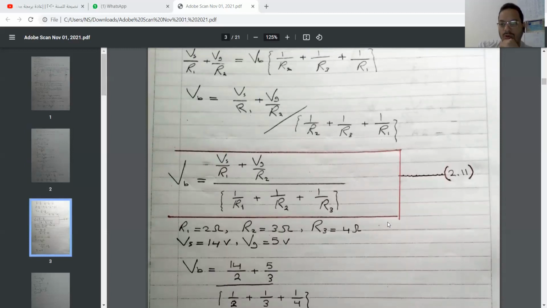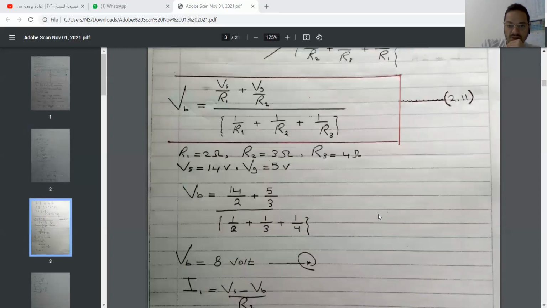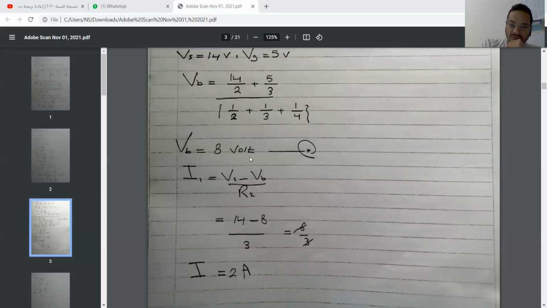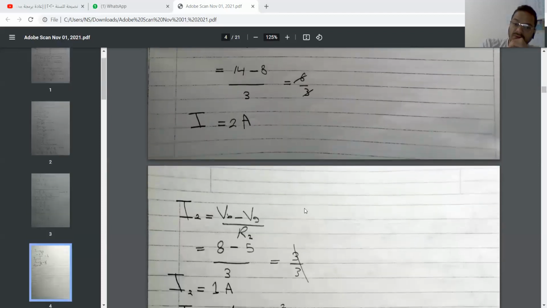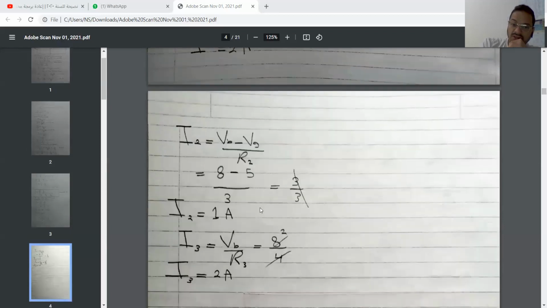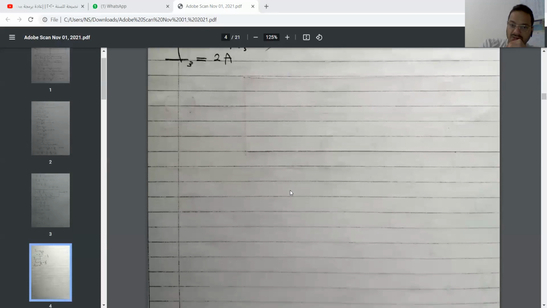Now let's put all the known elements into equation 2.11: all of the resistances, Vs equals 14 volts, Vg equals 5 volts. Let's calculate: VB equals 8 volts. Now I1 equals Vs, 14 volts, minus 8, divided by 3, equals 2 ampere. Now I2 equals VB minus Vg divided by R2, that means 1 ampere, and I3 is 2 ampere.